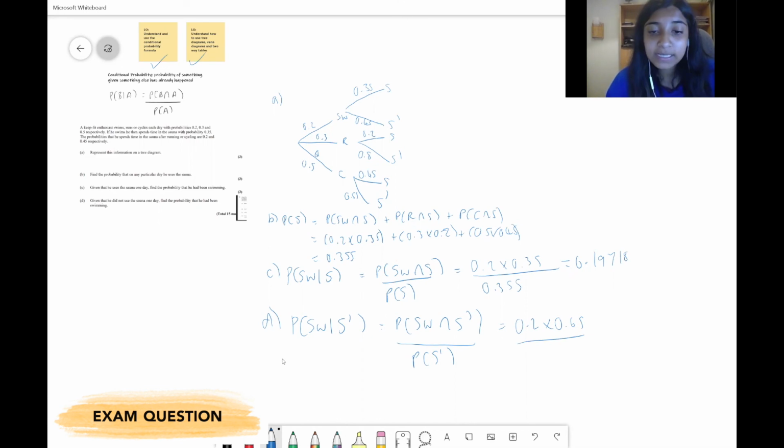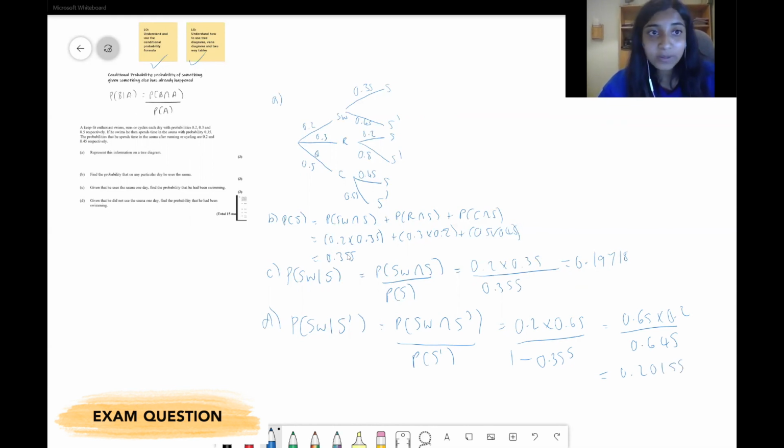And then the probability he did not use the sauna, that's just 1 minus the probability that he did use the sauna. So that's 1 minus 0.355. So that would be equal to 0.65 times 0.2 over 0.645. If you apply that in your calculator, you should get that it's equal to 0.20155. So that's your answer to this question.